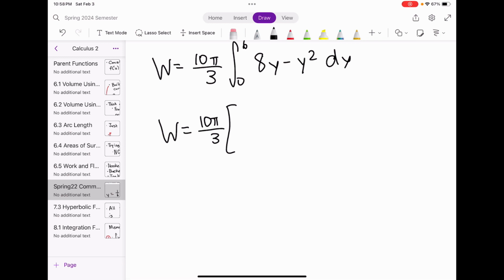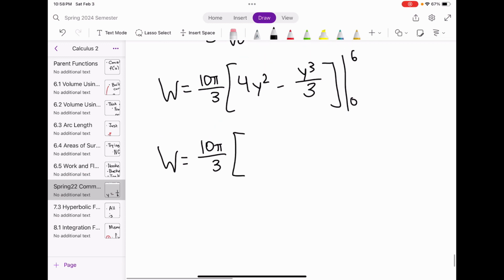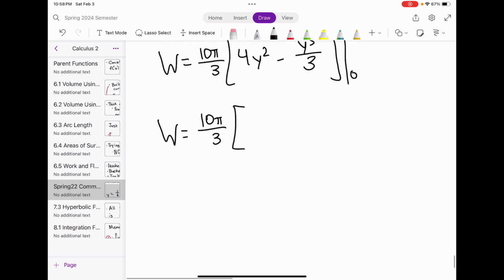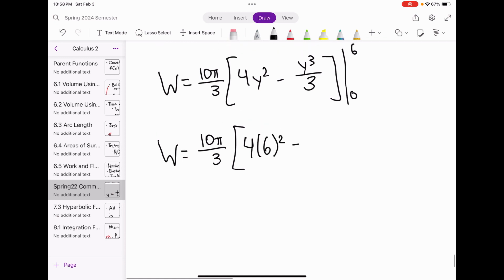Let's evaluate this, so you get 4y squared minus y cubed over 3, evaluated between 6 and 0. W is equal to 10 pi over 3 of 4 times 6 squared minus 6 cubed over 3.